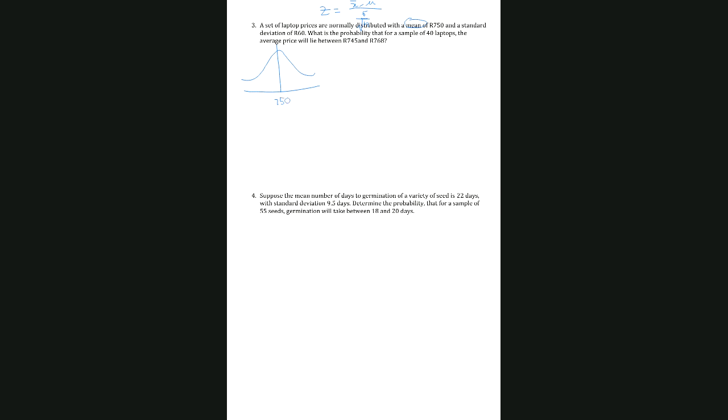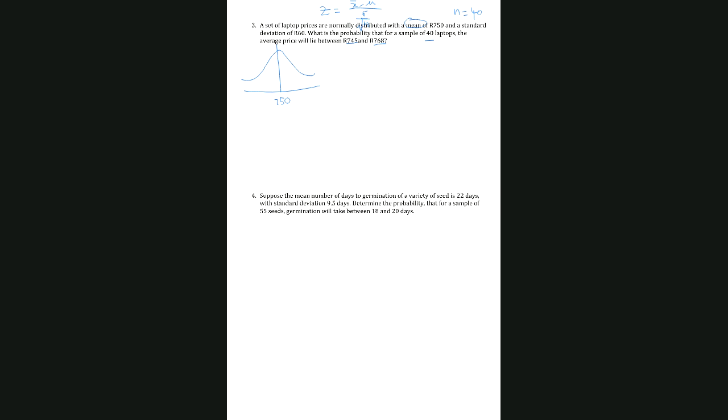Then they say to you, what is the probability that for a sample of 40 laptops, so n is equal to 40, the average price will lie between 745 and 768? So now when we plot down these sample values, we're going to be plotting down 2 values since they said between 745 and 768.